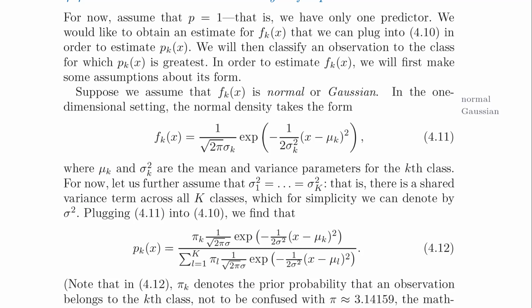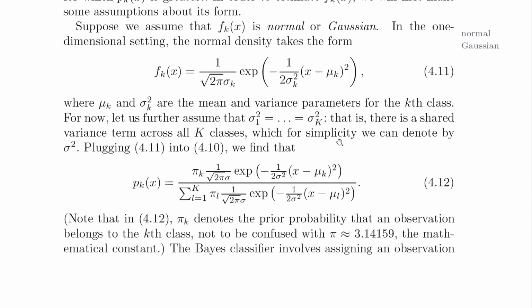For now, let us further assume that each class, seizure, drug overdose, stroke, have the same variance. It's just a simplification. That is, there is a shared variance term across all k classes, which for simplicity we can denote by sigma squared.